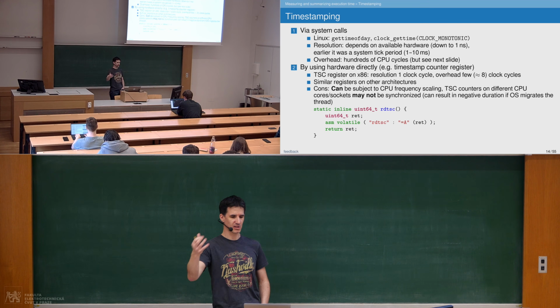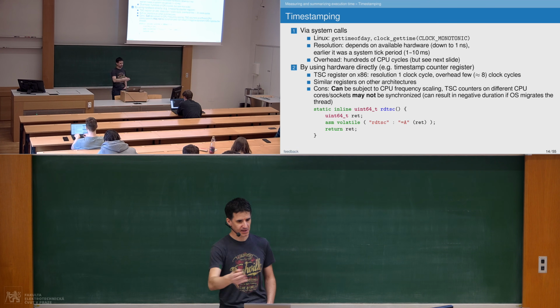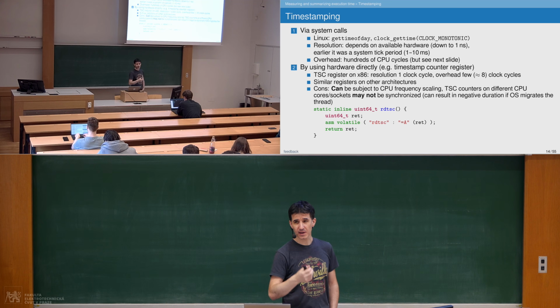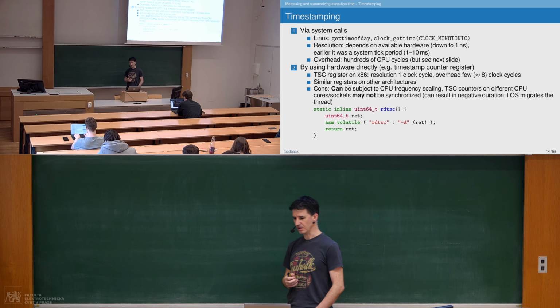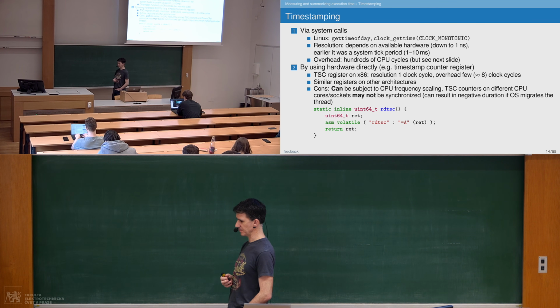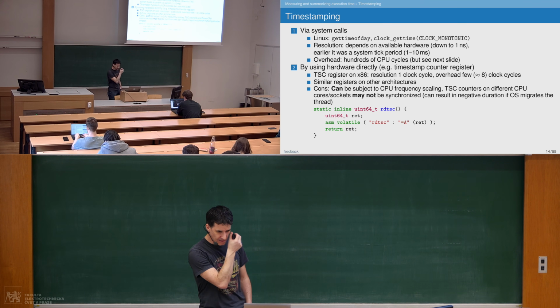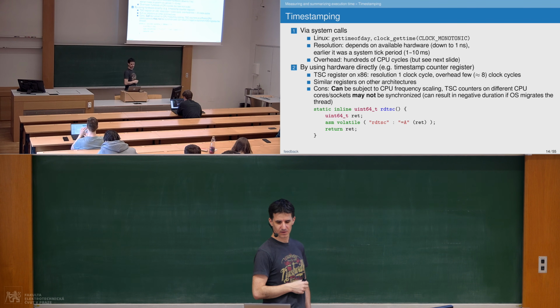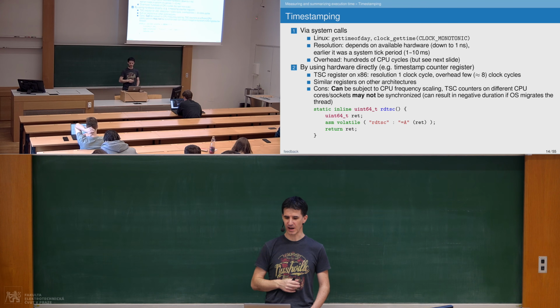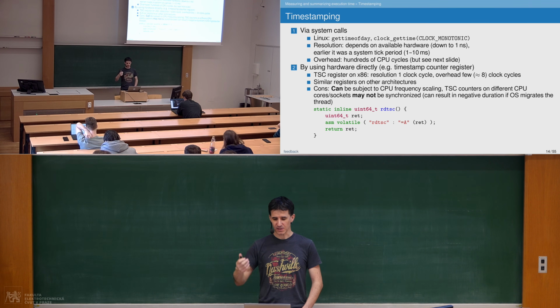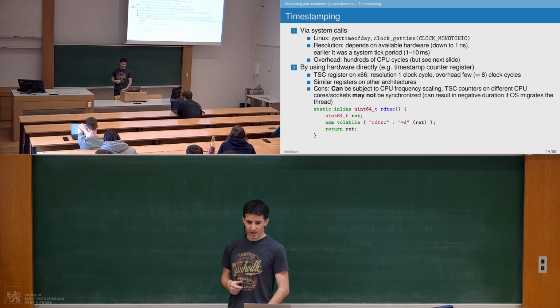So if you read this register, then do something, and then read this register again, you can easily see how many clock cycles these other things that you have done elapsed. So how long does it take to execute that thing?